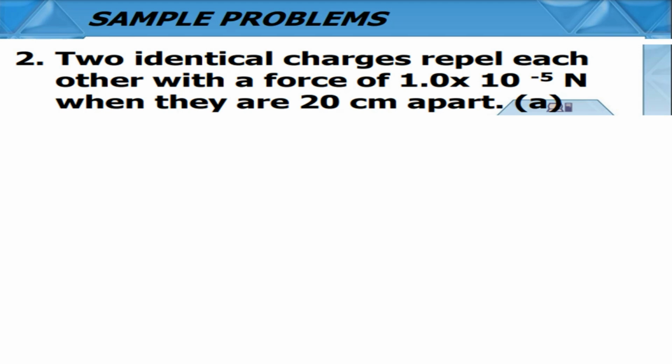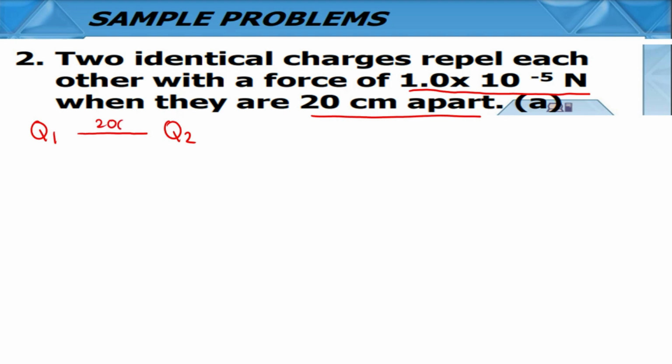Let us try to read this problem number 2. Two identical charges repel each other with a force of 1.0 times 10 raised to negative 5 Newton when they are 20 centimeters apart. Therefore, if we're going to try to put this into a diagram, we have Q1, which is 20 centimeters apart from Q2.